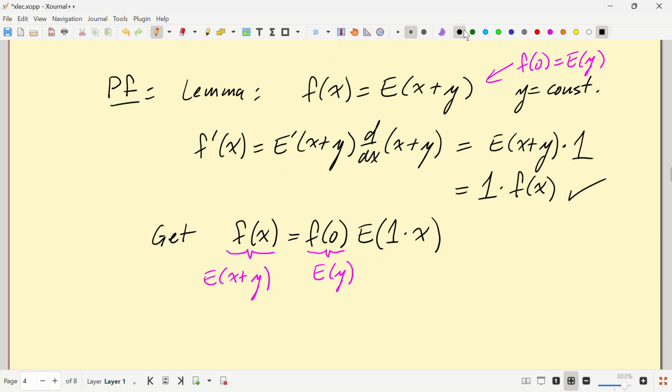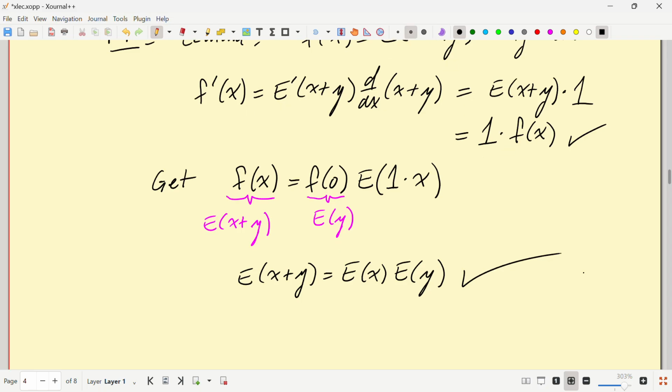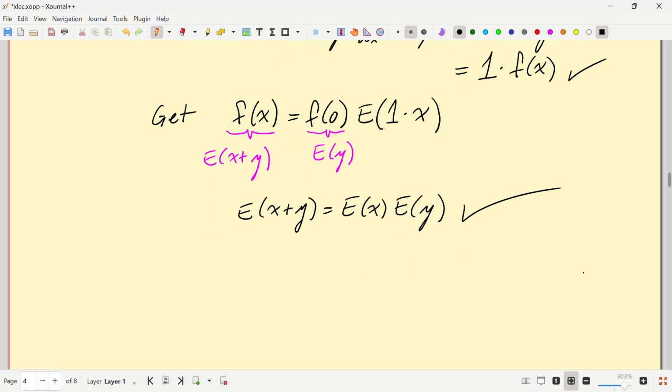And so that's the fact: e to the x plus y is equal to e of x times e of y. Check.